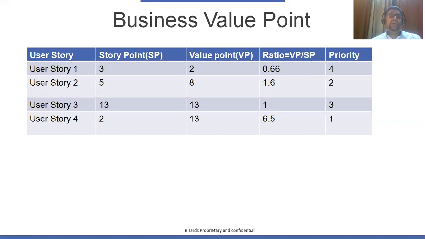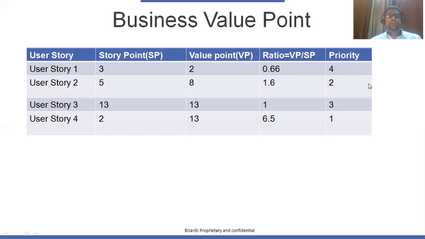Whichever user story the team feels is very easy to implement in terms of complexity, size, and uncertainty, you give the least value, maybe 1. And now you have a reference, and based on that you estimate all other user stories.